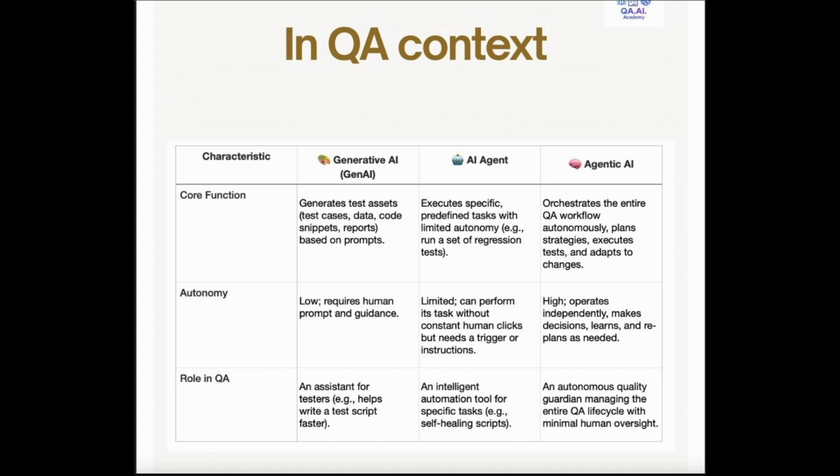Suppose we run the regression in a specific environment, if it fails, it has to self heal if there is some kind of change in the XPath, or it has to re-trigger the test cases if the failure is based purely on data mismatch, etc. But coming to agentic AI, it is an autonomous quality guardian managing the entire life cycle with minimal human oversight.